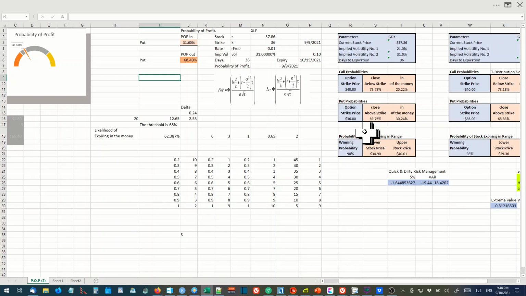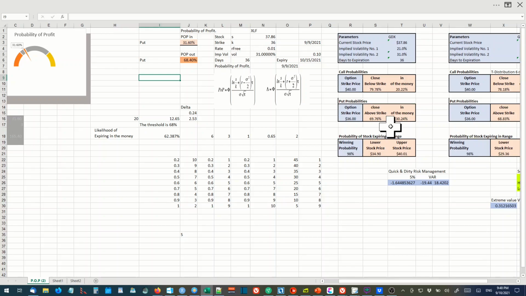Now, these are the probability of touching the price within that time frame, 36 days. Now the strike price of the put is 36. Well no, it's actually not touching, it's the probability that at the end it will have reached the exercise.